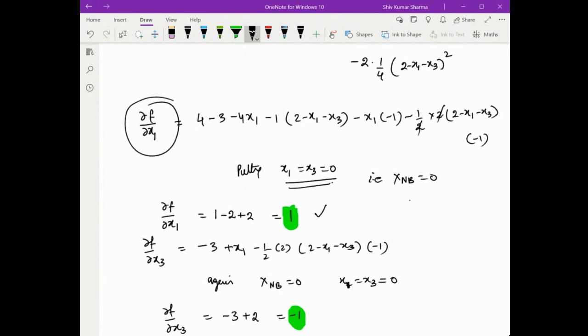That means we simplify. So first when you put x3 equal to 0, what is the value of this? That means 4 minus 3 is 1. 1 minus 4x1, when you put x3 equal to 0, gives us minus 2 plus x1 and plus x1.